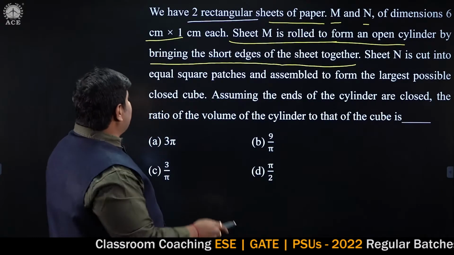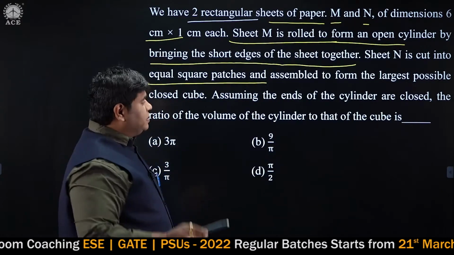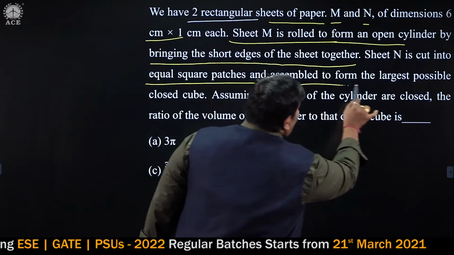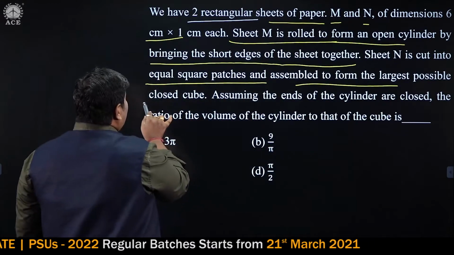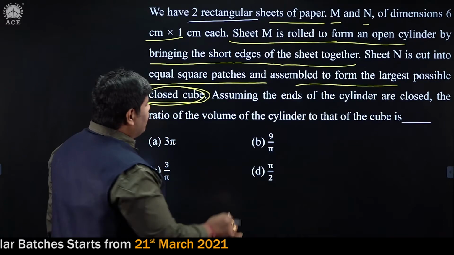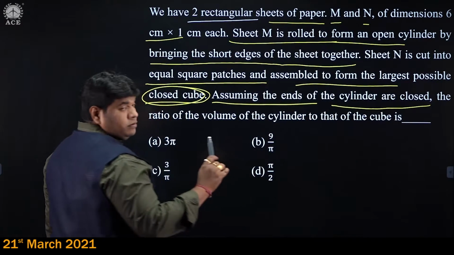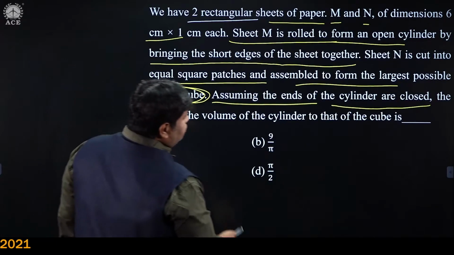Sheet N is cut into equal square patches and assembled to form the largest possible closed cube. Assuming the ends of the cylinder are closed.